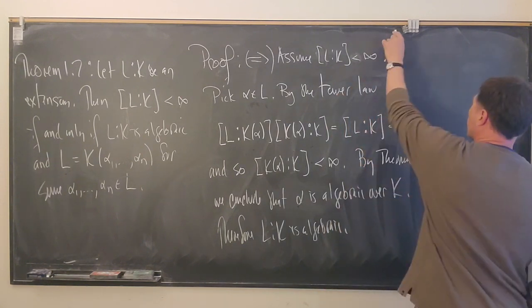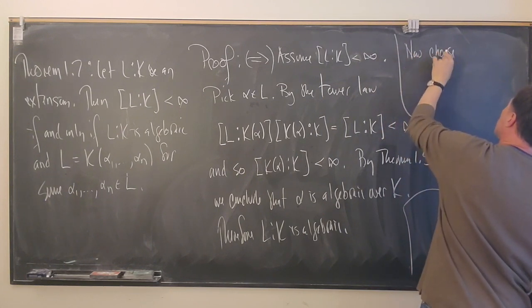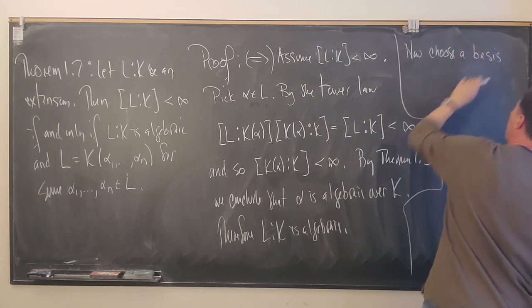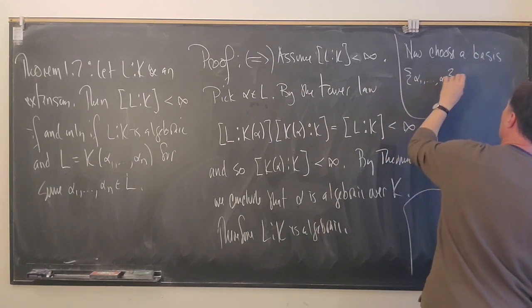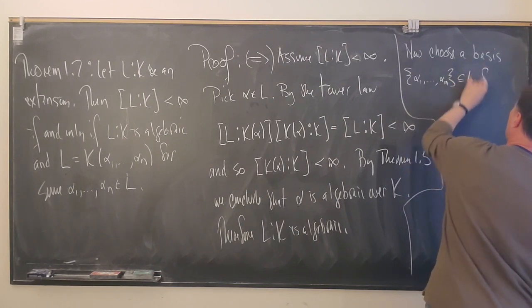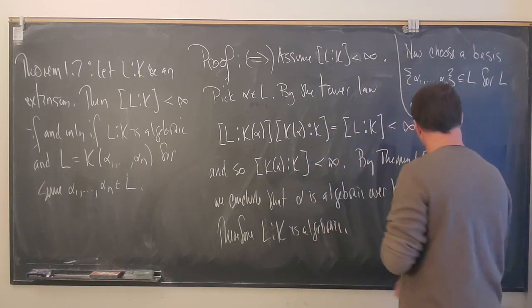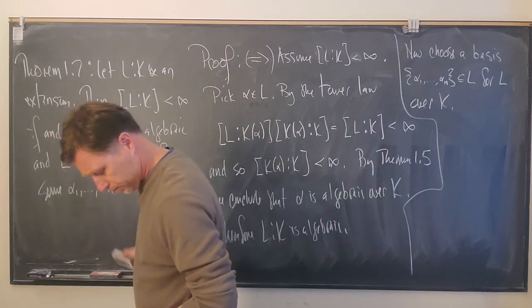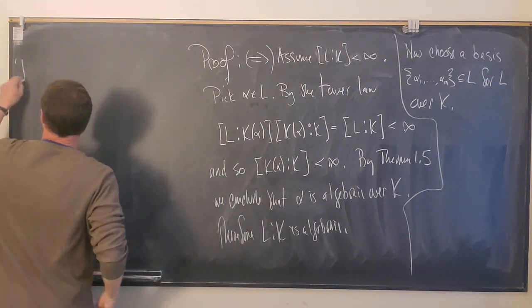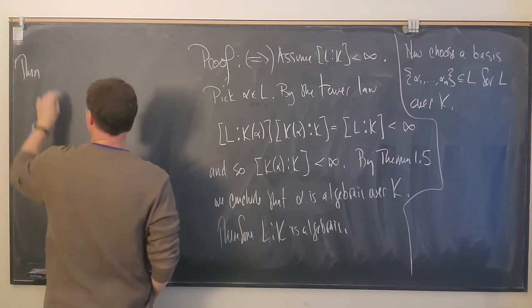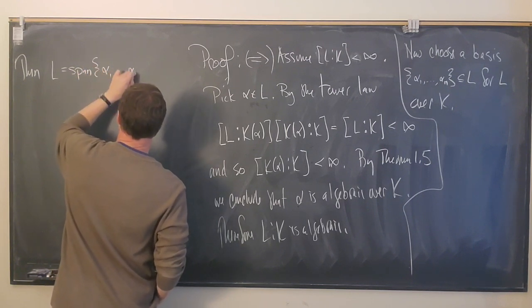So now choose a basis, alpha 1 up through alpha n, in L, for L over K. Then we know that L is equal to the span of alpha 1 through alpha n.